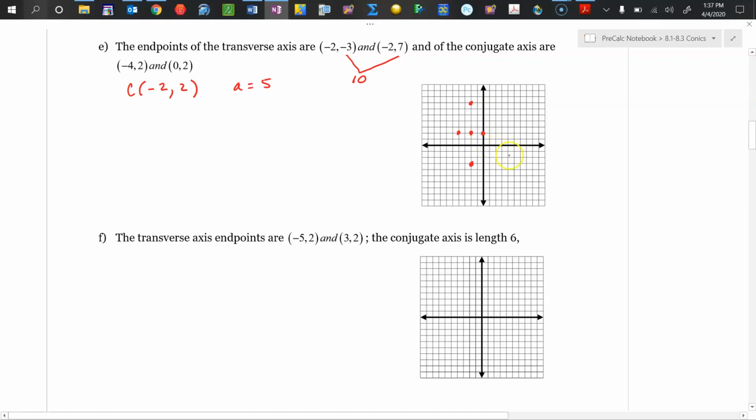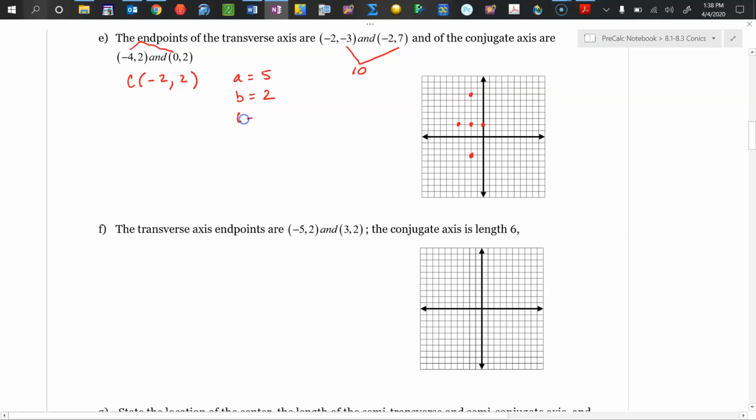So you can tell by inspection that B is equal to 2. You could also tell that by taking the difference in the x coordinates, which is 4, and dividing that by 2. So C, remember, C squared is equal to A squared plus B squared, so C squared is 29, and C is equal to the square root of 29.